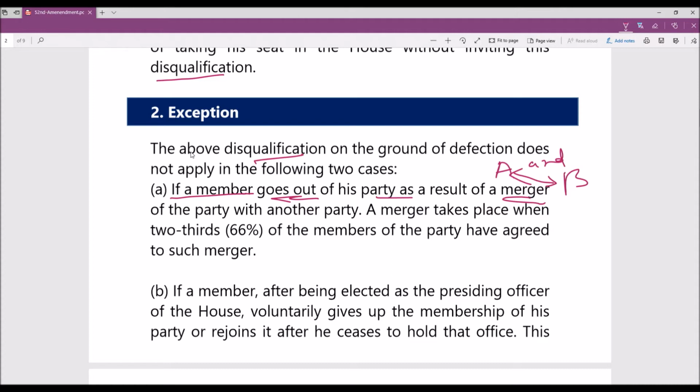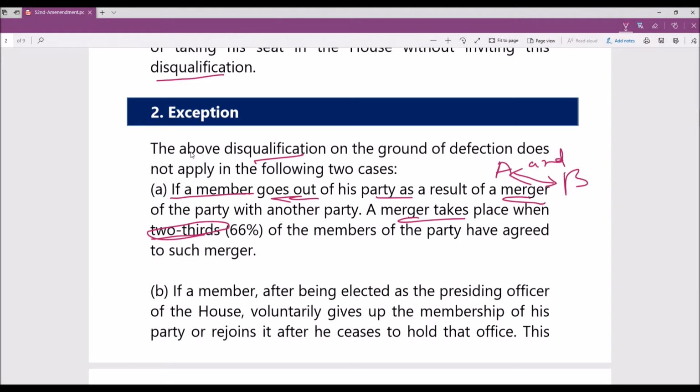But this merger takes place only when 2/3 of the members, let's say 66%, of party A say yes, we will join party B. If 2/3 of the members of a party join party B, that does not disqualify them. So this is the exceptional case in defection.